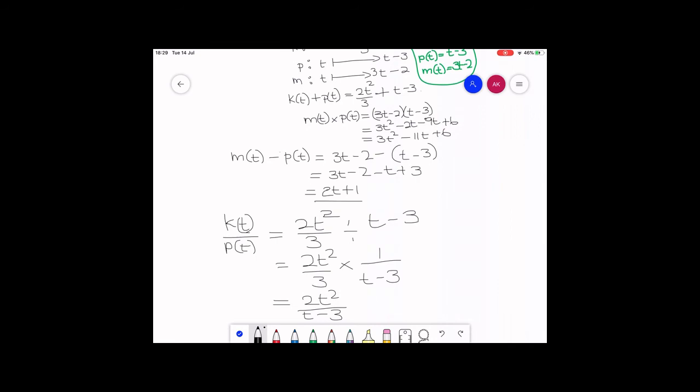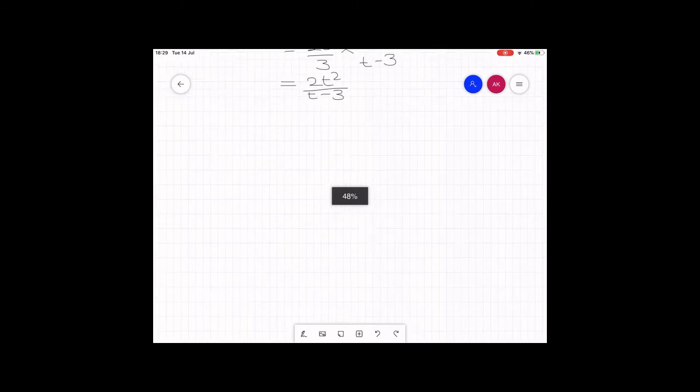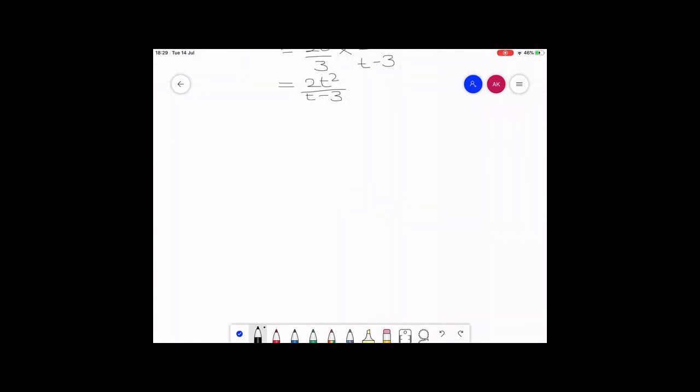I'm going to move to the last property of functions, which is the fact that you don't always have to draw an input diagram and an output. You can find an output for a specific value. For this, I'm going to give you two new functions that we will work with.